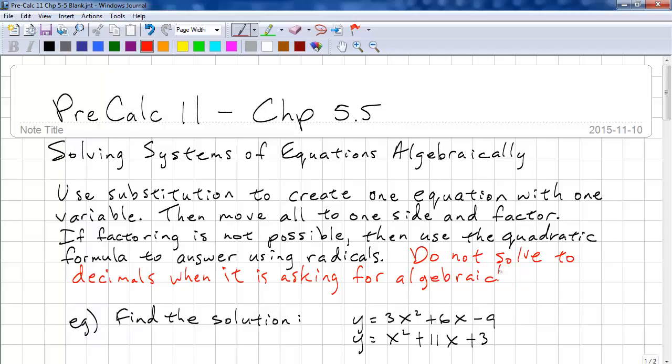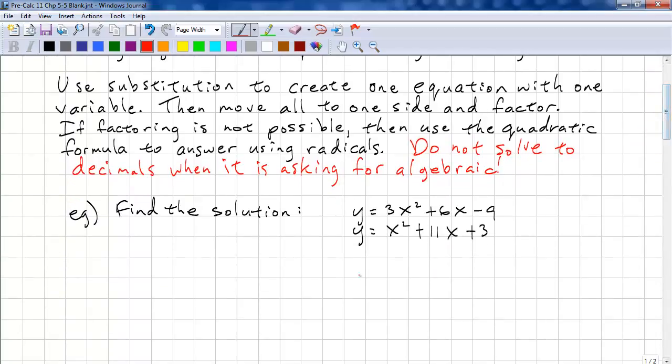This is really nothing new than what you've been doing before. So we have y1, y2, and we do y1 minus y2. So we have 3x squared plus 6x minus 9, and minus, with brackets, x squared plus 11x plus 3 equals 0.